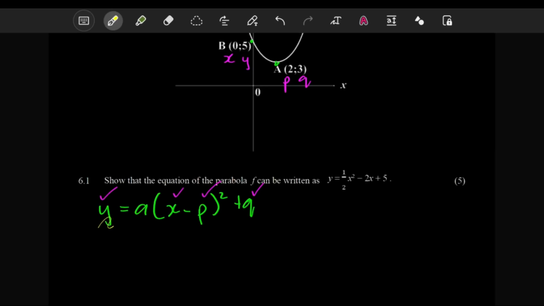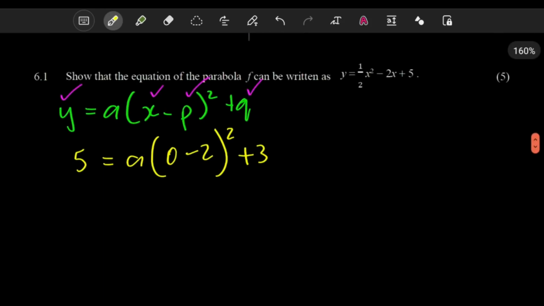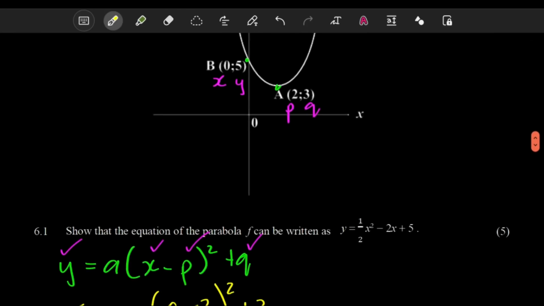So y is 5. A is what's missing. X is 0. P is 2, because you always take the opposite. If it's a positive 2 here, make sure you put a negative 2 here. If it was a negative 2 here, make sure you put a positive 2 here. Always the opposite. For q, you take it as it is. This is how easy these questions are, because you just need to know your theory.